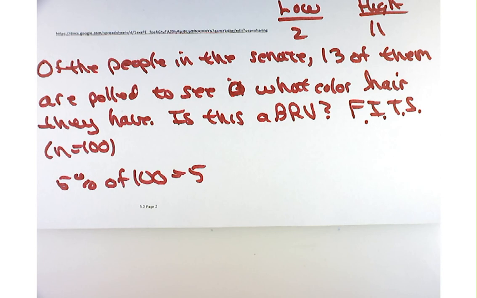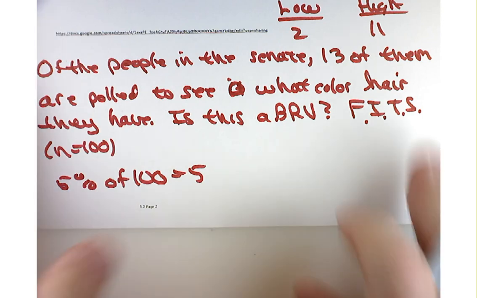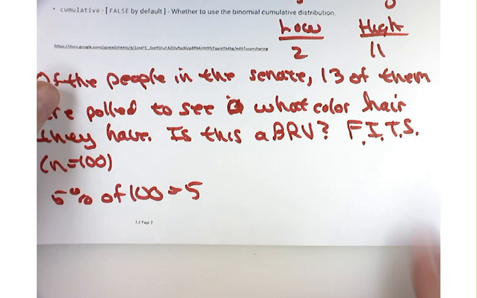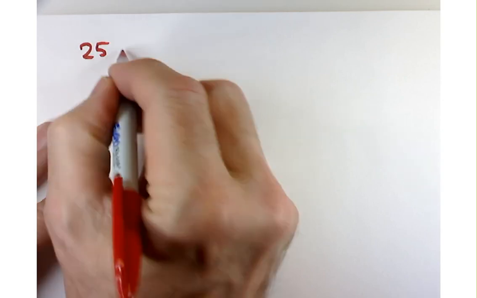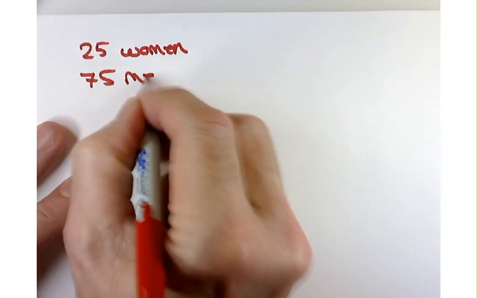Tahara? Could you explain this a little bit more? I'm struggling. Sure. So you're looking for the same probability of success throughout the trials. So, for instance, in the current Senate, there's 25 women serving in the Senate as of right now. 25 women, so that means 75 men.